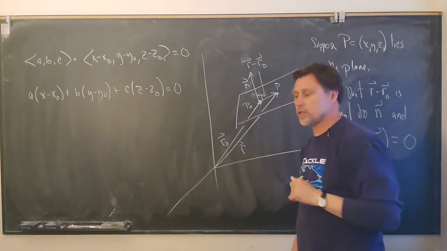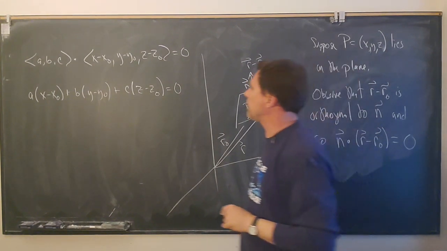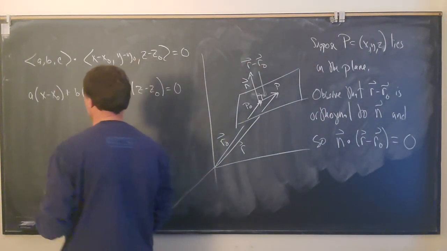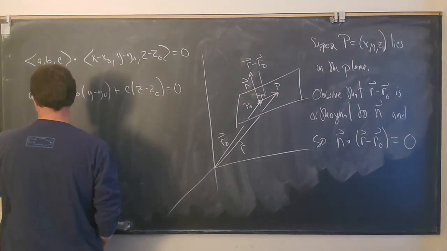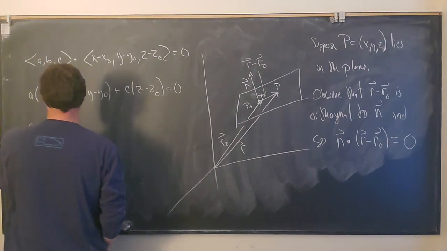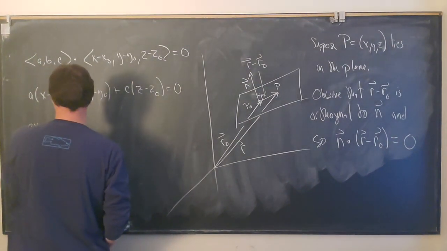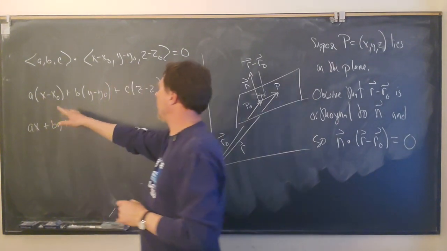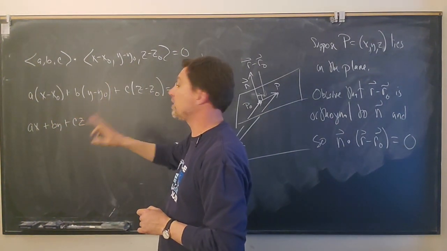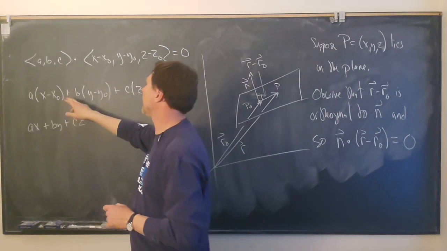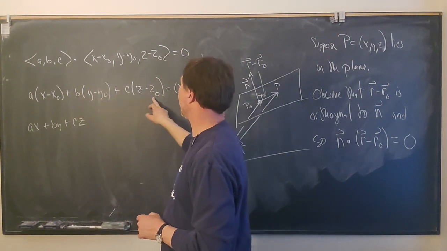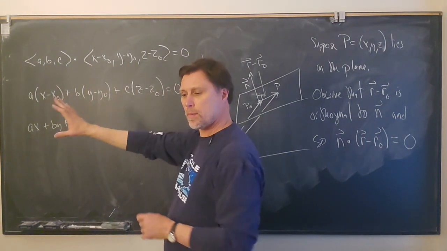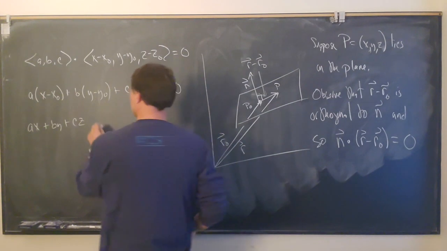Oh, look, we have an equation now. Now, it's typically solved out, so I'm going to multiply things out. AX plus BY plus CZ, then minus A times X0, minus B times Y0, minus C times Z0. I want to move all that stuff over to the other side of the equation.